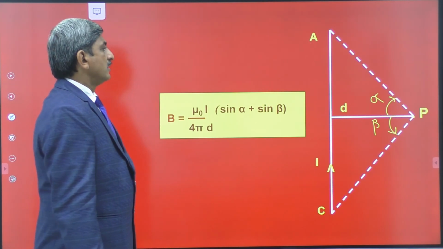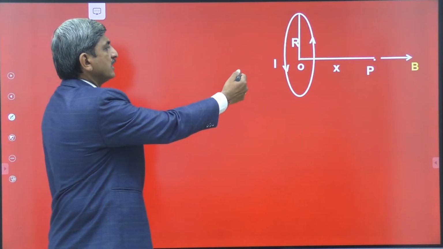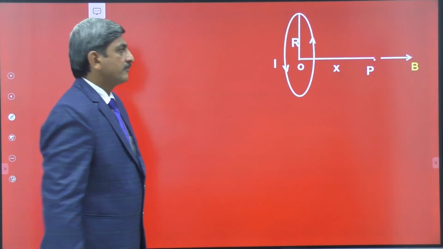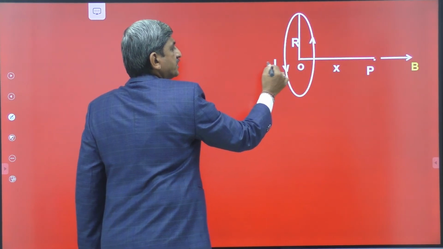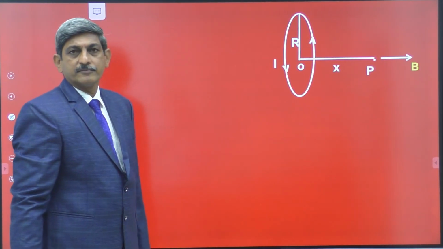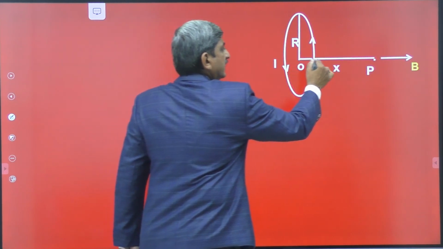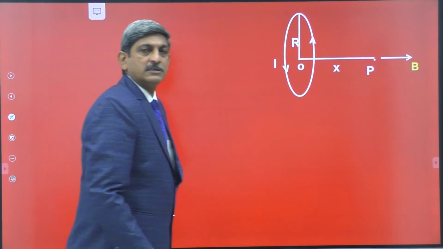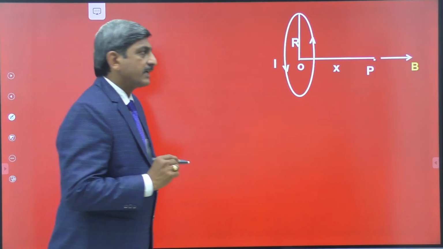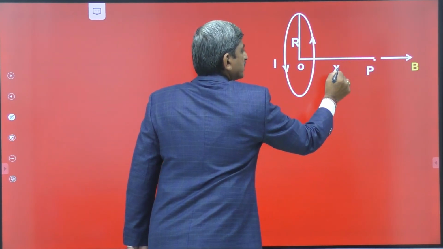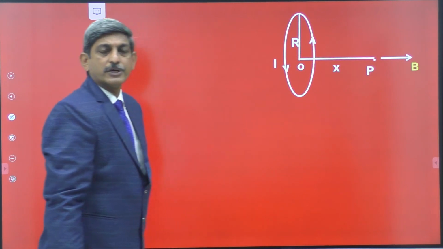Okay? Now, come to the current carrying circular coil. Here, we have a coil of radius r, which is carrying a current I. This is the axis of the coil. Suppose we want to determine the magnetic induction at point P, which is at a distance x from the center of the coil.